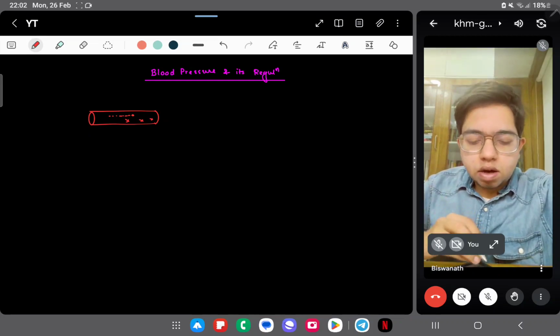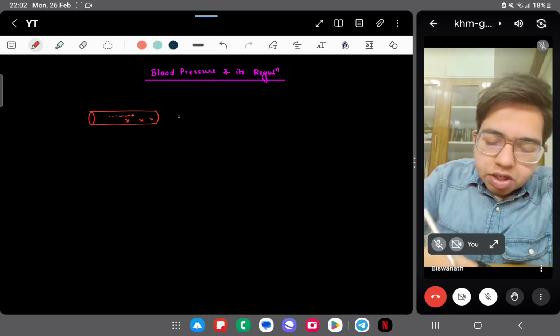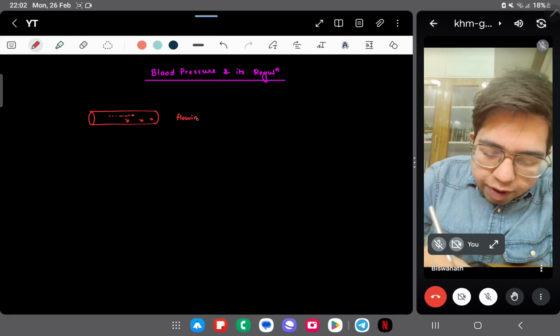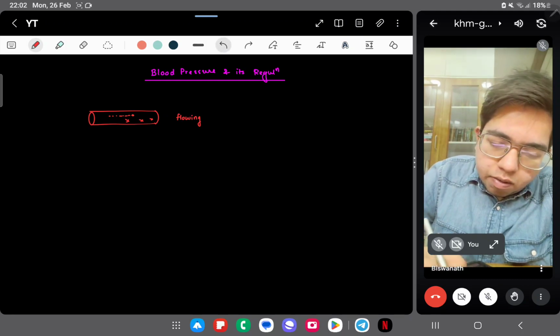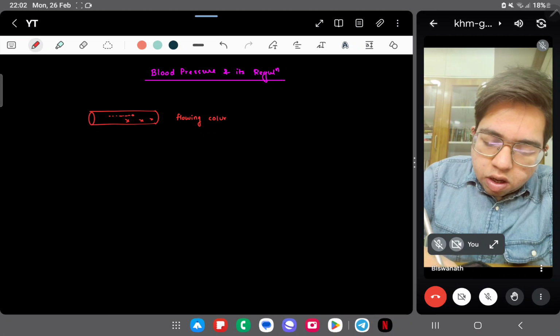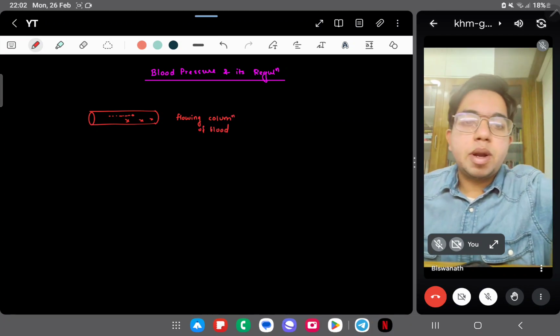And this flowing column, just pay attention to the words, it is a flowing or moving column of blood. Okay, this is your blood pressure.